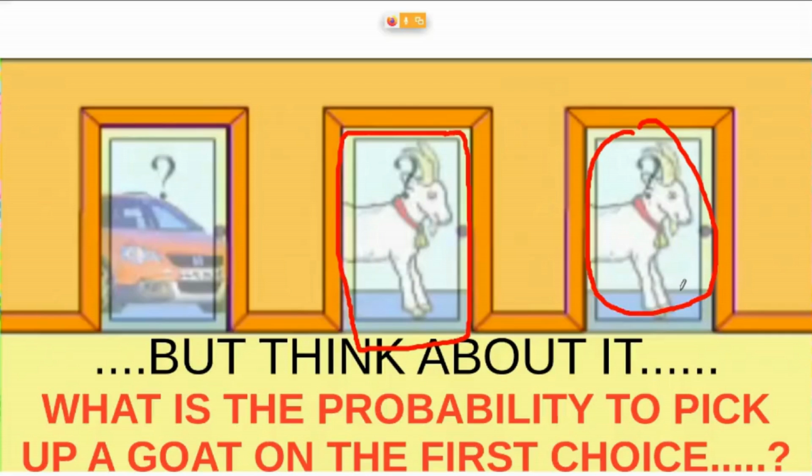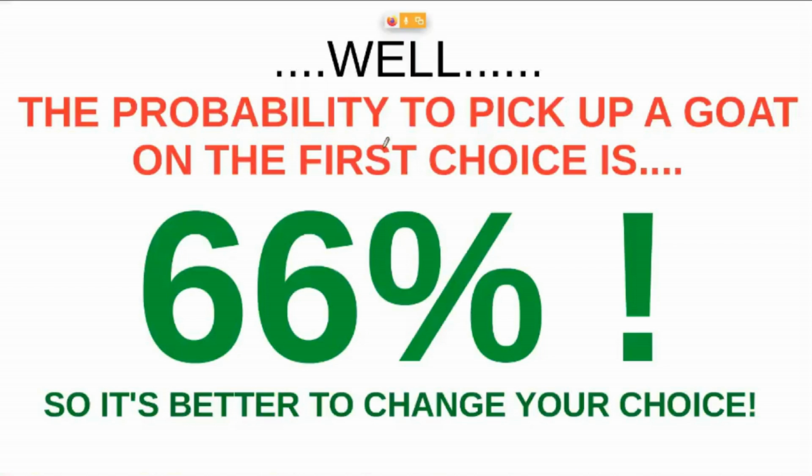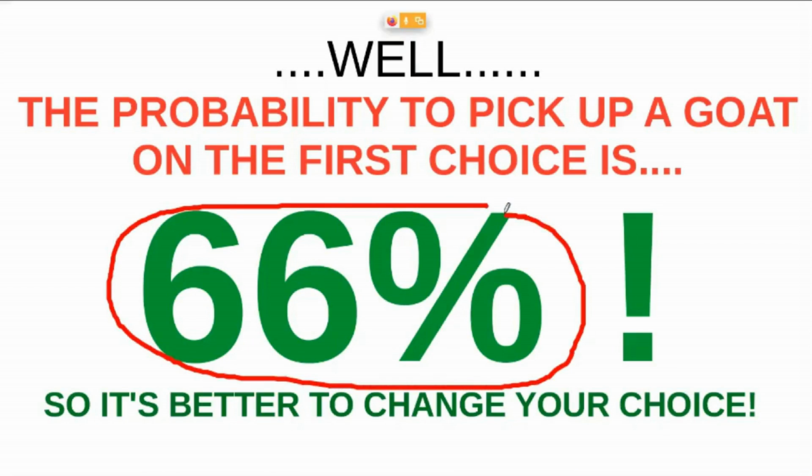The probability is 2 out of 3 possibilities. So if you swap your choice, you have a 66% probability to pick up the car. So it's better to change your choice.